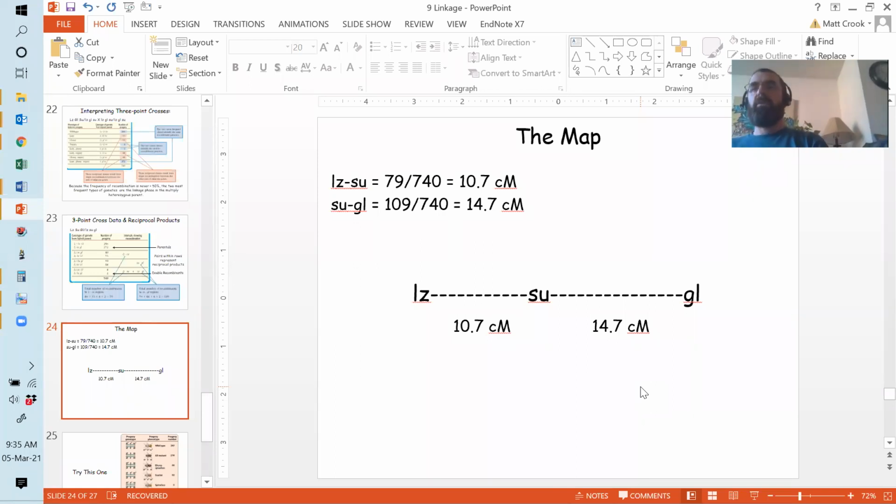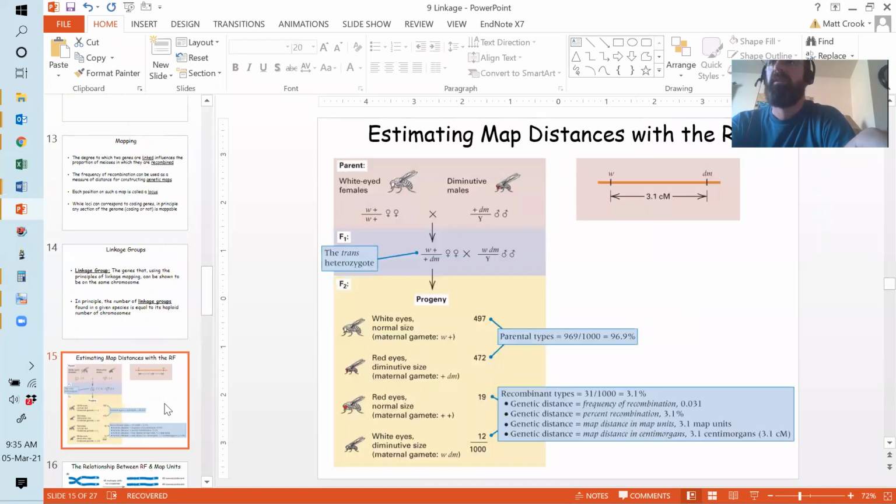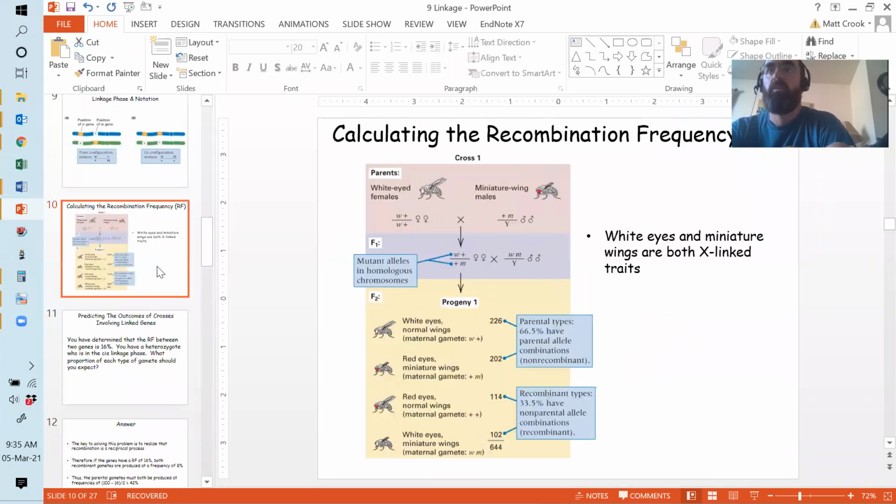All right, so I'm going to give you one. Remember, up here, all the way up here, we have this one with diminutive males and white-eyed females, and this one between white-eyed females and miniature wing males. These are all on the same X chromosome, and I thought it'd be cool to figure out what a 3-point cross between them would look like.